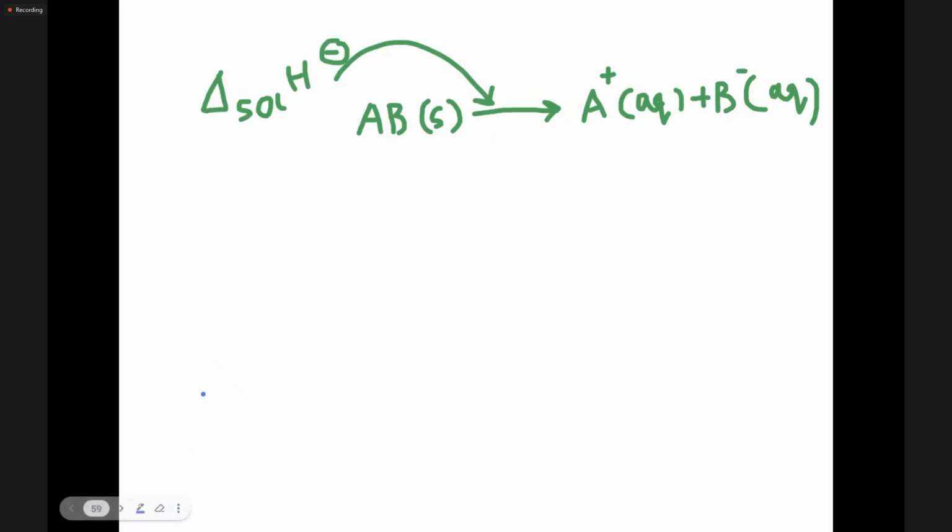When this ionic compound dissolves in the solvent, the ions leave their ordered position in the crystal lattice. If the AB solid is there, there is a lattice. Suppose this is a cubic lattice where A and B ions are present.